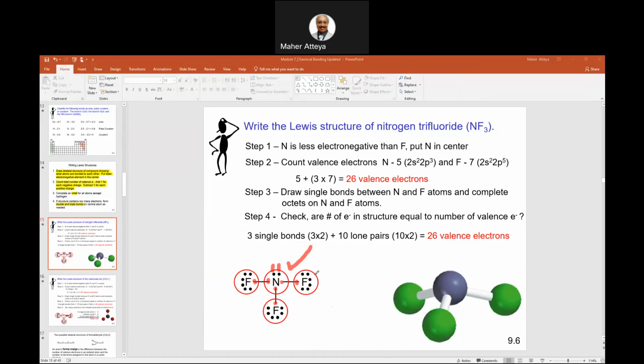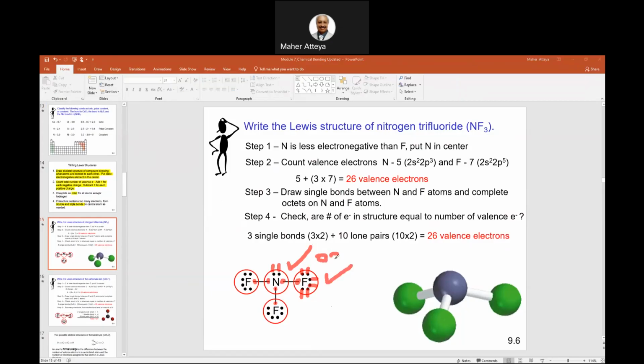Let's look at the fluoride. We'll look at one and then the rest is the same thing. So 1, 2, 3, 4, 5, 6, 7, 8. Octet is good.